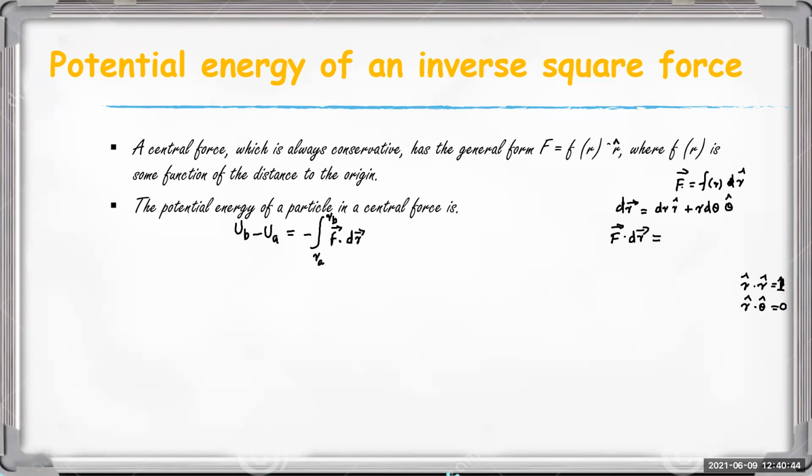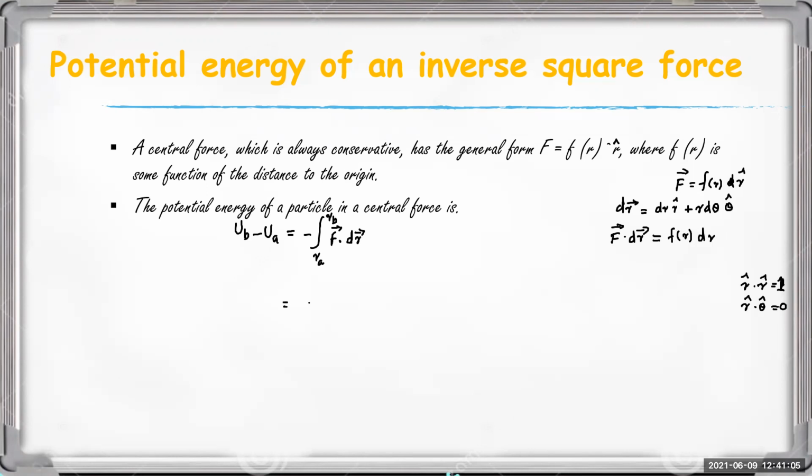Then we can obtain this quantity. The first term only remains, so it is equal to f(r) dr, and the remaining term must vanish.